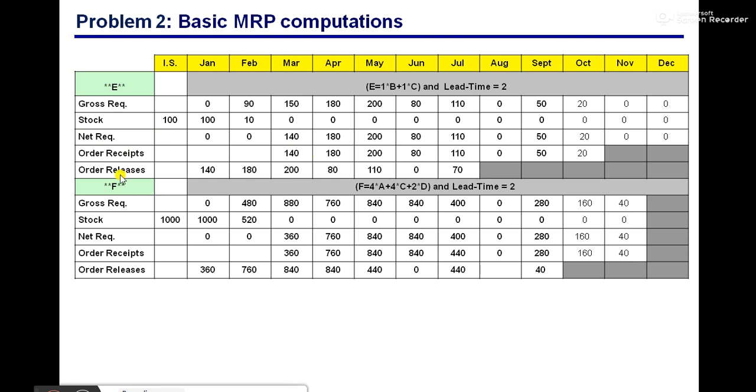Now to the order releases, again we look at the lead time. It is 2. So to satisfy the net requirement for March, we make the order in January. Okay, nothing new for F. It's this exact same logic.